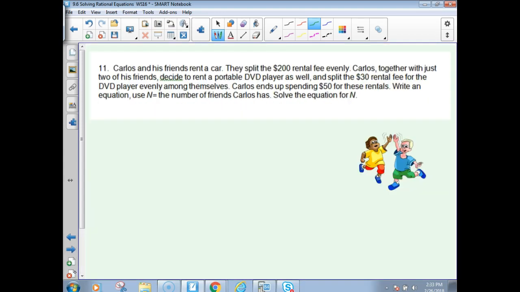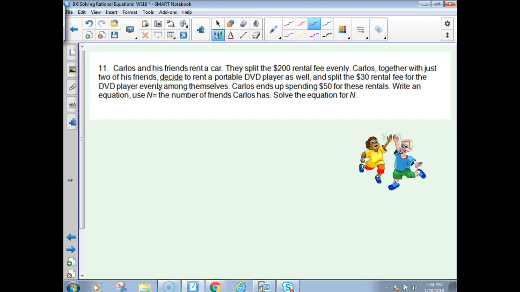Okay, Carlos and his friends rent a car. They split the $200 rental fee evenly. I don't know how many friends he has. We got to see. Carlos together with just 2 of his friends decide to rent a portable DVD player as well and split the $30 rental fee for the DVD player evenly among themselves.